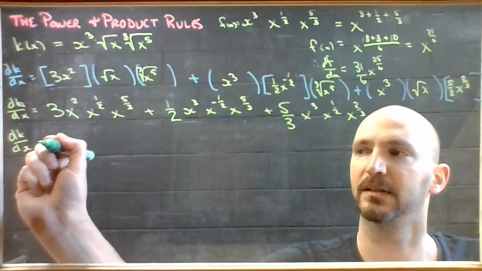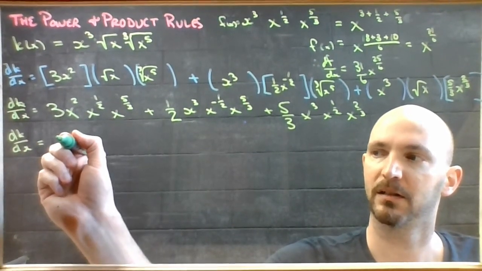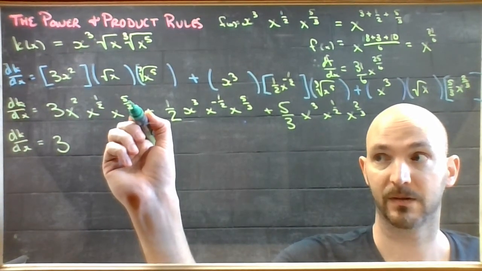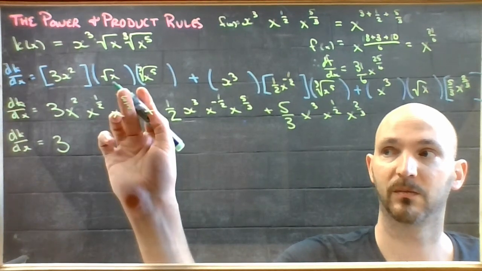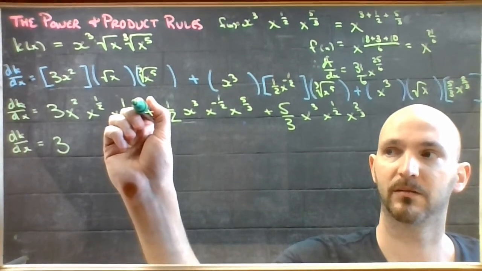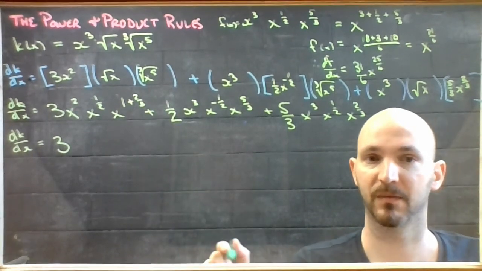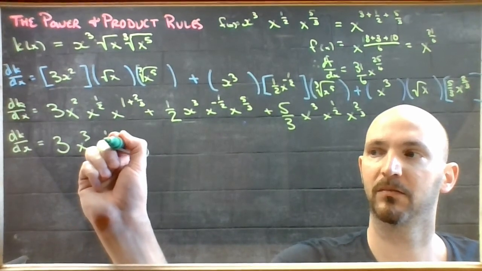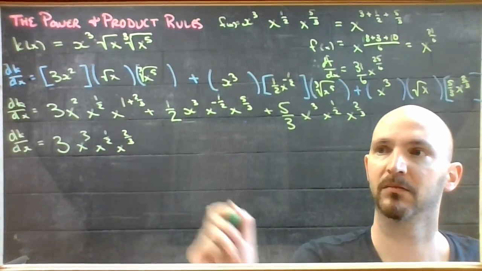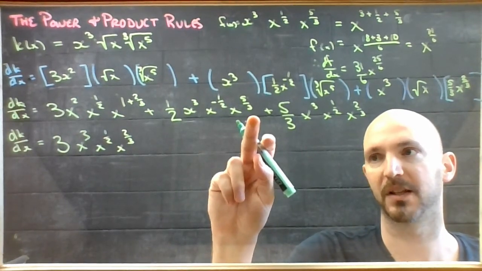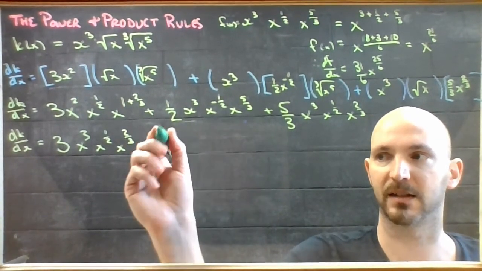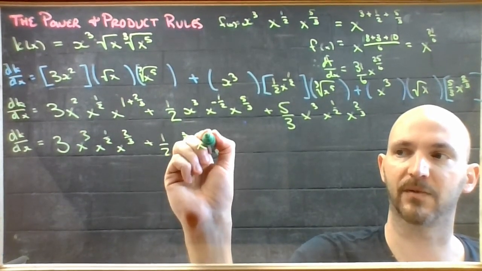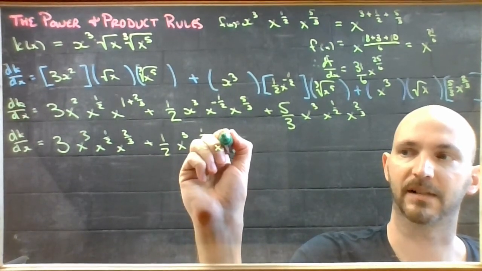dk by dx is, 5/3 is the same as 1 plus 2 extra thirds. I'm going to borrow that 1 and tack it onto this. I'm going to do it again in this term, but instead of tacking it onto the first one, I'm going to tack it onto this. So 1 plus a negative 1/2 would be 1/2, x to the 2/3.